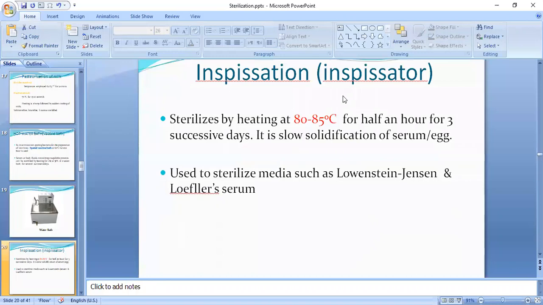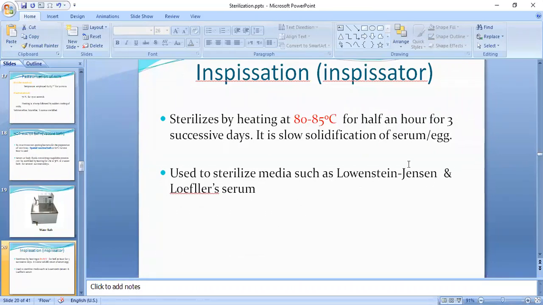The inspissation. Inspissation is one of the methods. The temperature is below 100 centigrade, that is 80 to 85 centigrade for half an hour for 3 successive days. This is one of the methods of sterilization below 100 centigrade, and media which contain proteins such as serum or egg are sterilized by inspissation, such as Lowenstein-Jensen and Loeffler serum.